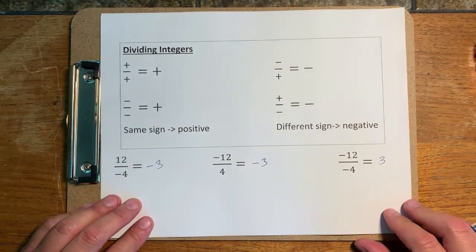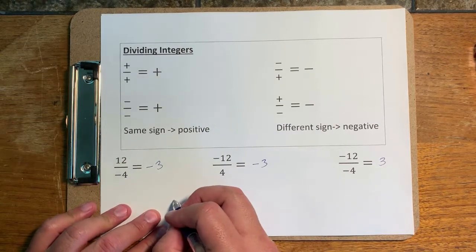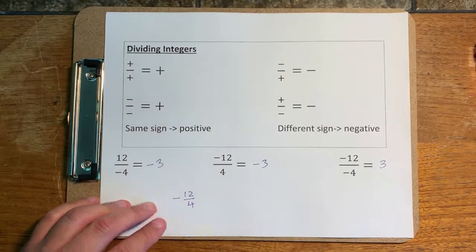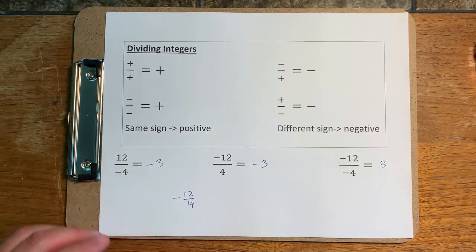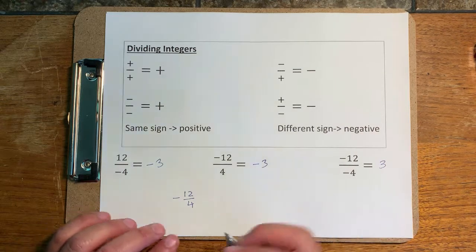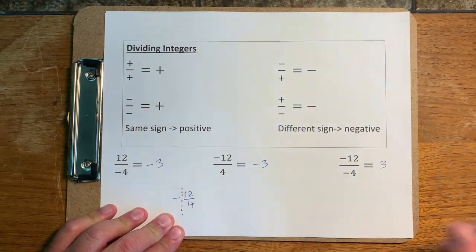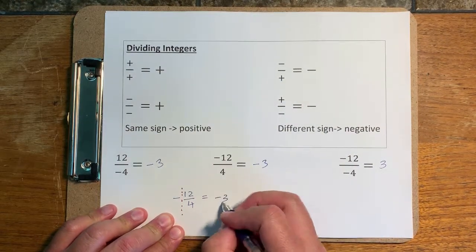Now, a common question that'll come up later in class is that people will ask me, does it matter when I have a fraction if my negative's on the top or the bottom or in the middle? And the answer is it doesn't. The reason why is that if the negative's in front, it's disconnected from the number, and this is equal to a minus 3.